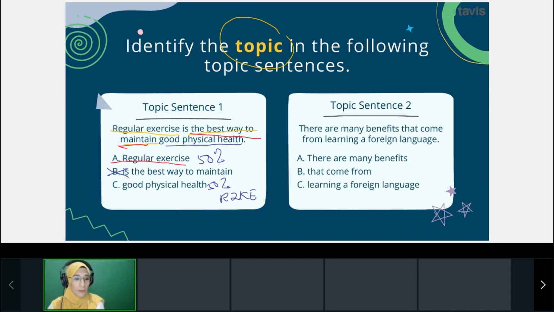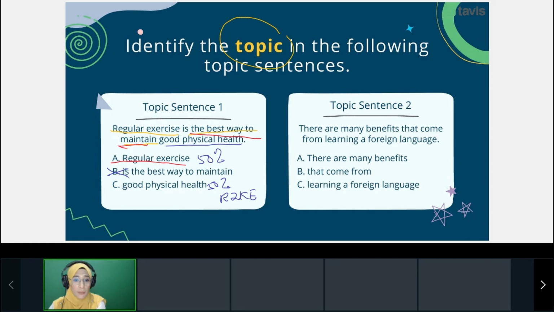The topic here. So this is how you can introduce your topic, where you are providing the idea to the regular exercise. What's the idea? Good physical health. Next one: there are many benefits that come from learning a foreign language.